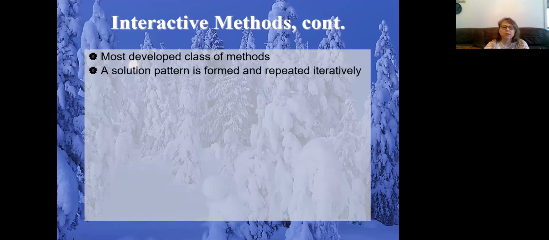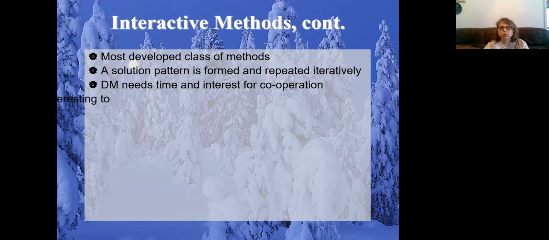We have a really big number of different interactive methods, but as said, they are iterative, so there's some pattern that is repeated, and preference information is asked for between these iterations, and some information is provided to the decision maker after each iteration. Because of this nature, interactive methods are appropriate only in cases where there is a decision maker available who can and wants to spend some time in the solution process.